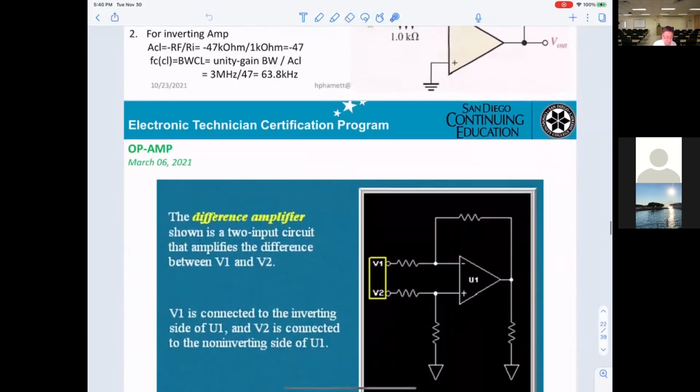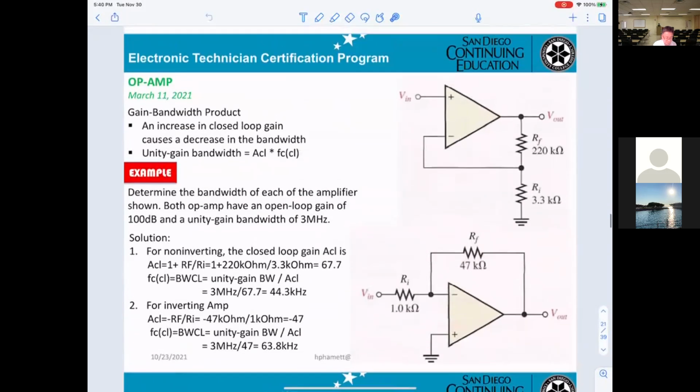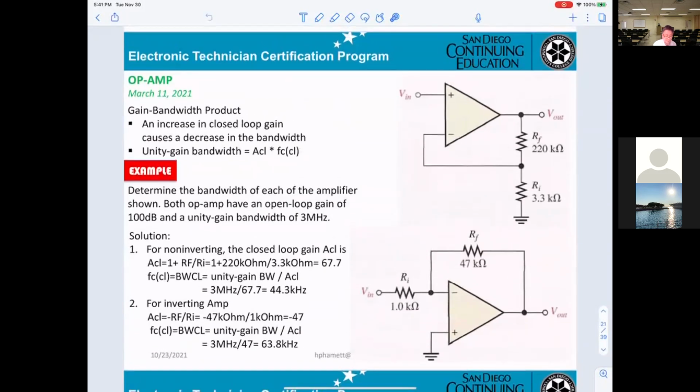Mr. Pam, a question. Yeah. On that first schematic, the one on top, it's got a wire going from between the two resistors to the minus. Now, there's no resistor there. Is there no feedback, or how is that treated? That's a feedback.